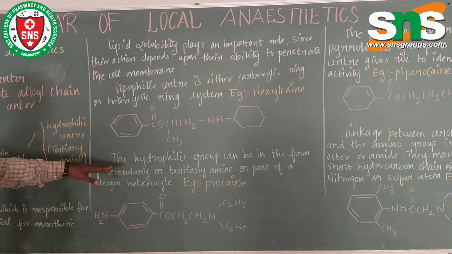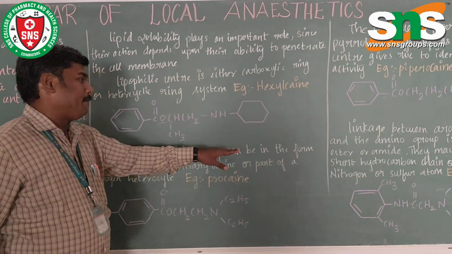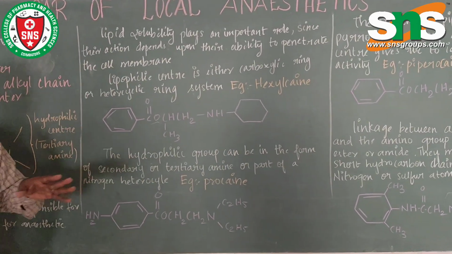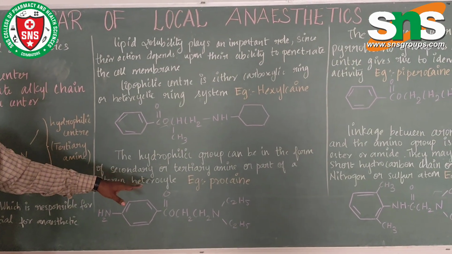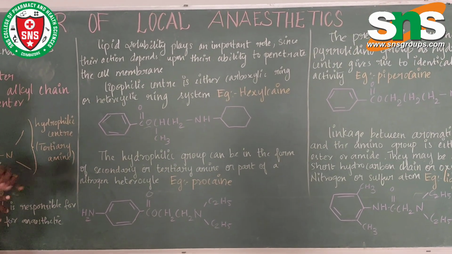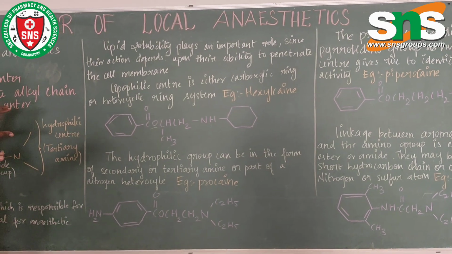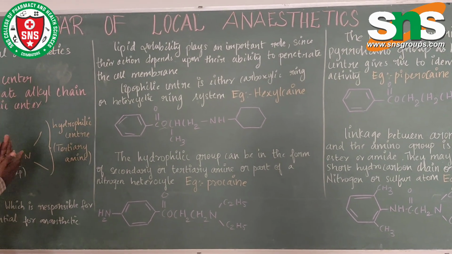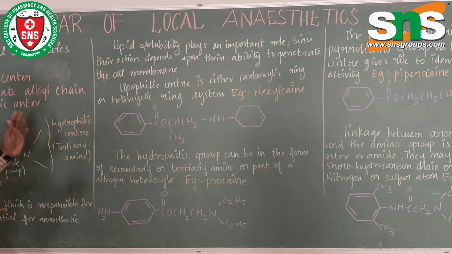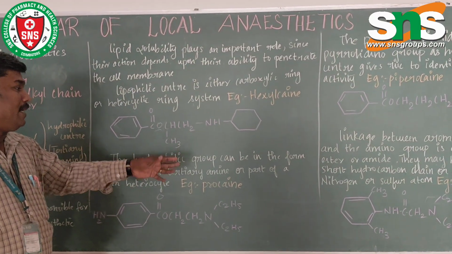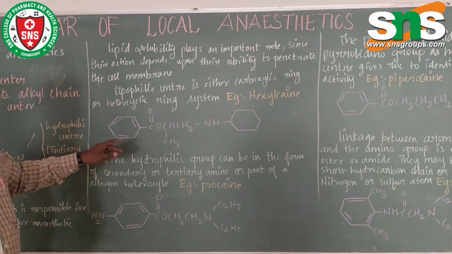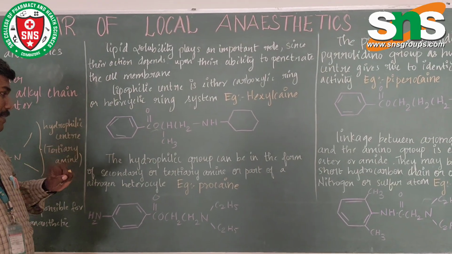The hydrophilic group can be either in the form of a secondary or tertiary amine, or part of a nitrogen heterocycle. We have seen the lipophilic center, the hydrophilic center, and the alkyl chain. This nitrogen, the tertiary amine, is the hydrophile present in local anesthetics.